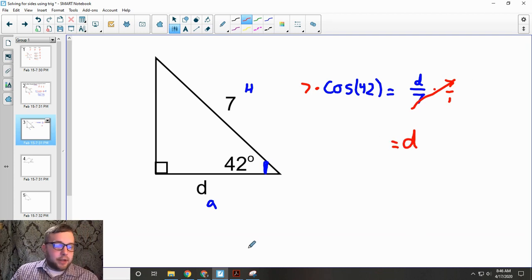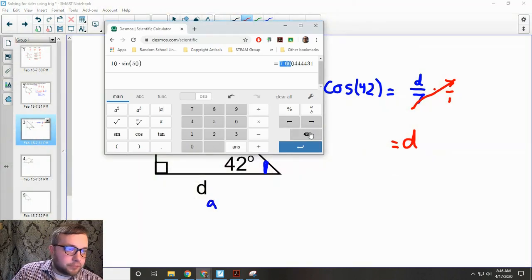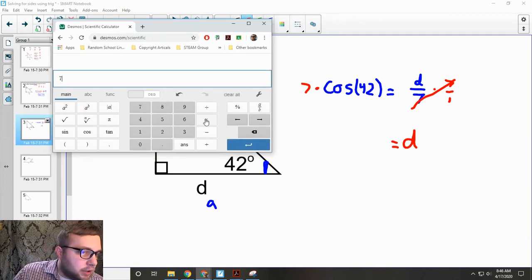All right, let's test this out now. All right, so pull up my calculator. I'm going to clear everything. All right, and I'm going to go 7 times the cosine of 42, and that is 5.202.